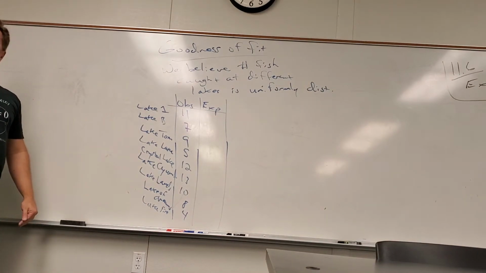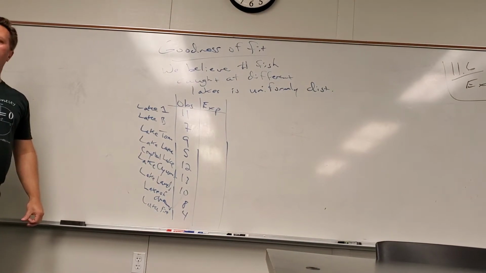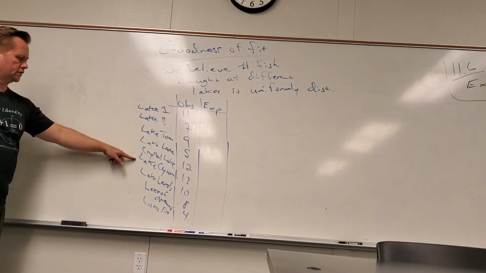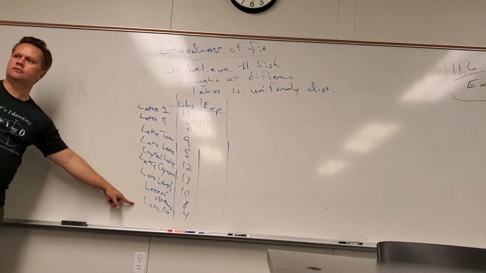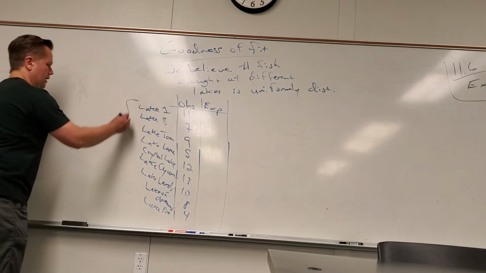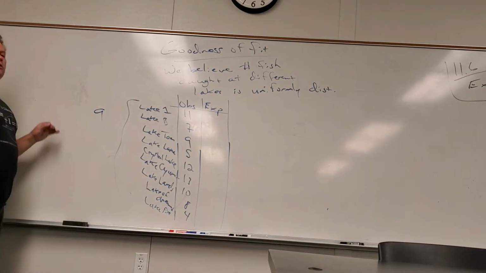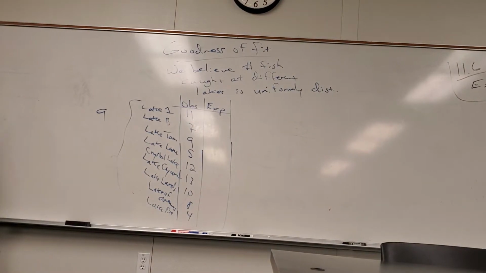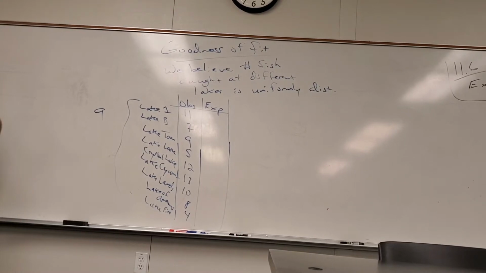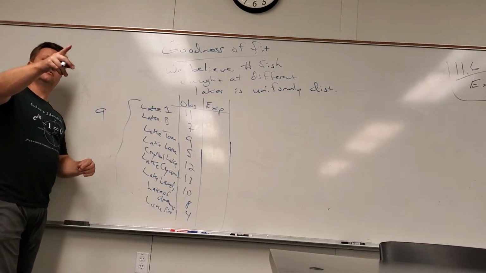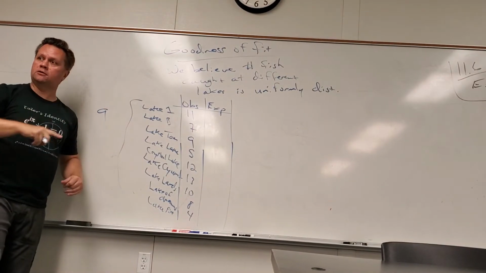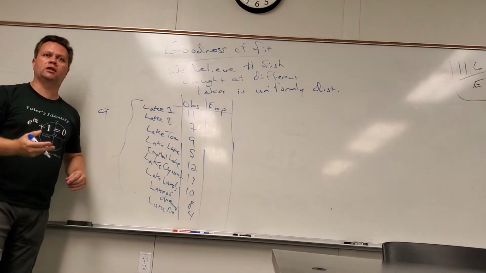All right, how many lakes are there? 1, 2, 3, 4, 5, 6, 7, 8, 9. Cool. So there's 9 lakes, 9 categories. So the number of fish caught divided by 9, because each one's going to get the same amount. That's the prediction I'm making, the claim I'm making.